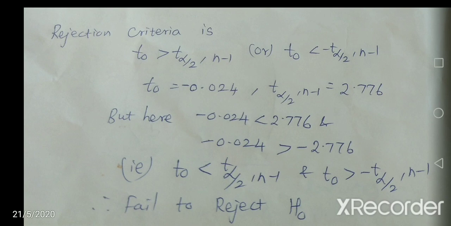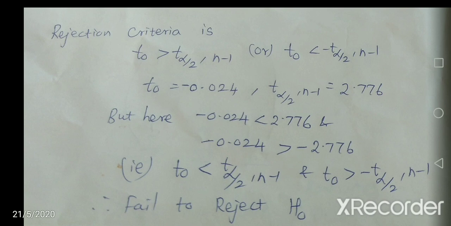Here t naught, minus 0.024, is less than 2.776, and also minus 0.024 is greater than minus 2.776.